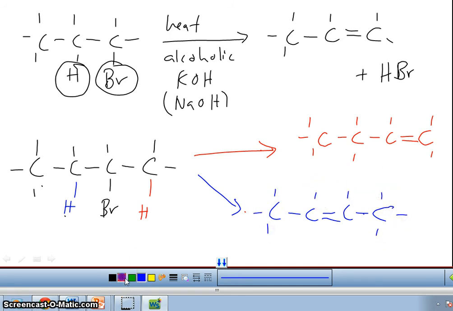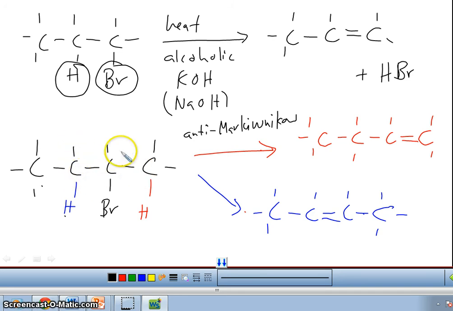Now, this is where we have what I will refer to as anti-Markovnikov. However you spell his name, he's got 10 billion ways. The Markovnikov is the rich get richer, so the carbon with more hydrogens gets the hydrogen. This is the opposite.